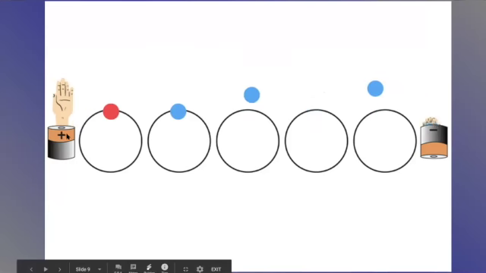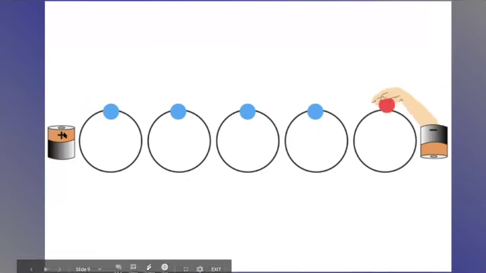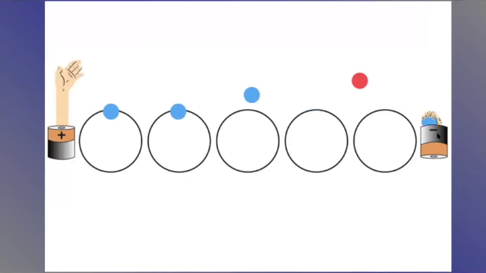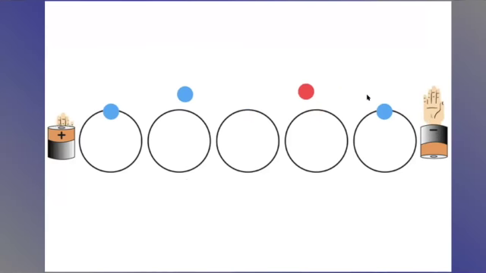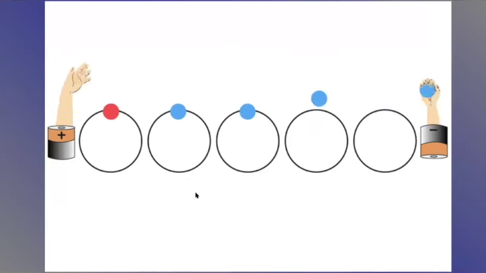Here we can see a positive battery taking the electrons. If we watch this red electron move down the line, the negative side of our battery is giving the electron, moving down our atoms. Very important stuff to know.